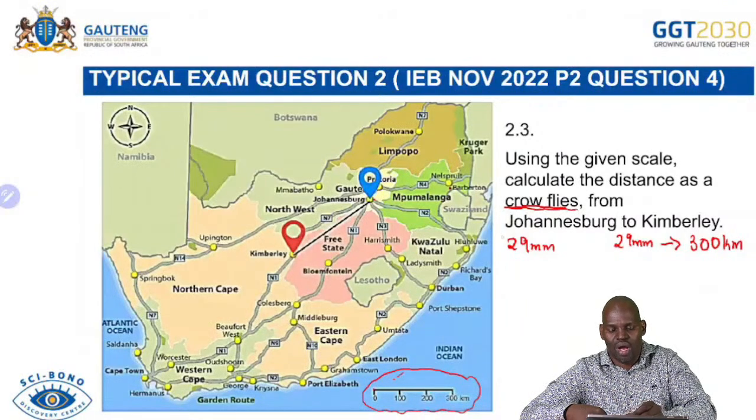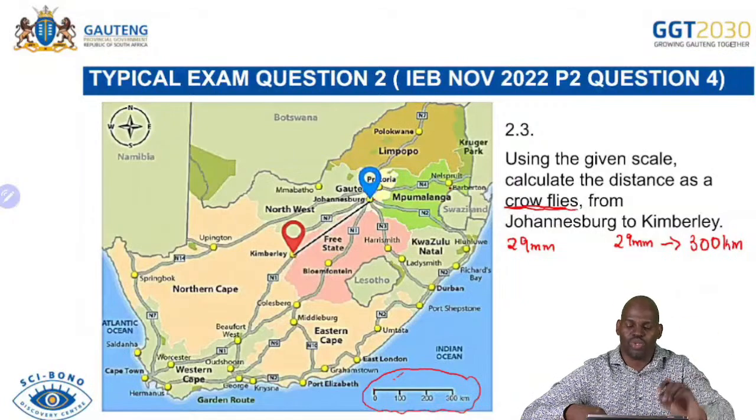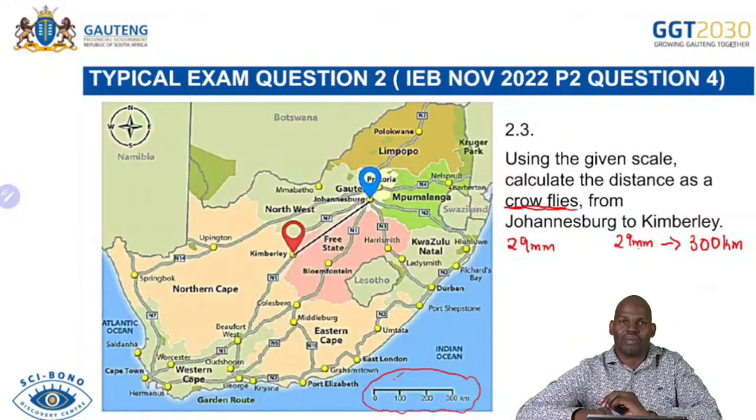So now, if I measure the distance between Johannesburg and Kimberley, and then I want to convert it to a real distance, what am I going to get? Can you see that these two are equal? 29, 29. So coincidentally, in this case, the length of the bar scale is the same as the length from Johannesburg to Kimberley.